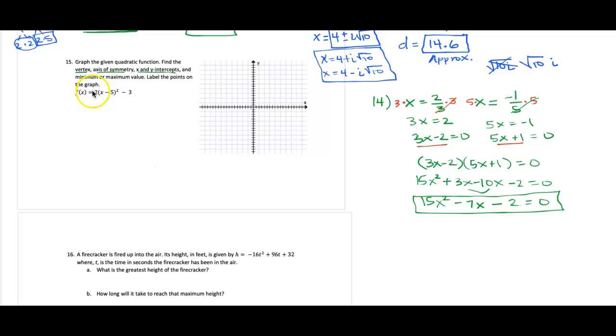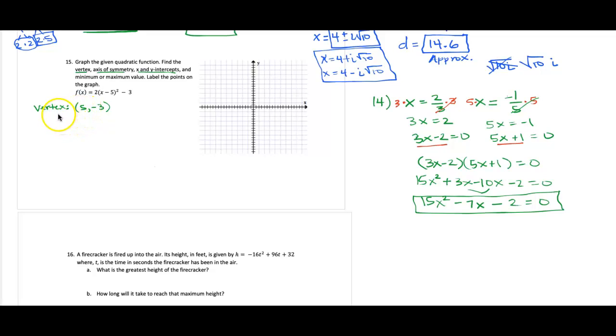Well, this is already in vertex form, so the vertex is easy to pick out of this. And that's going to be, so you do the opposite of what's inside the parentheses there. So it's a positive 5, and then this one stays a negative 3. And then the axis of symmetry always lines up with whatever our x coordinate is.